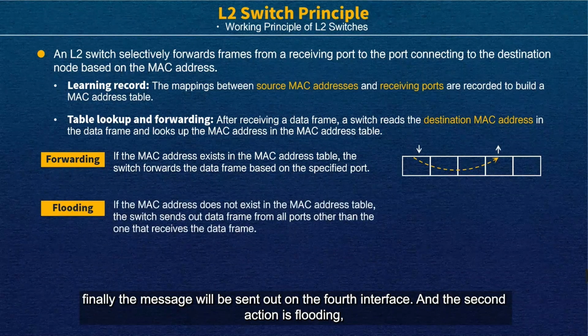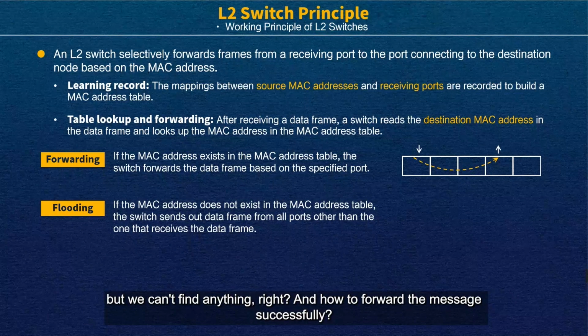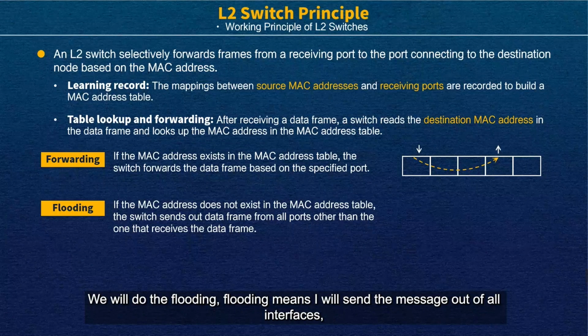The second action is flooding. Flooding means that when we take the destination MAC address to match the MAC address table, but we can't find anything, how do we forward the message successfully? We do flooding.